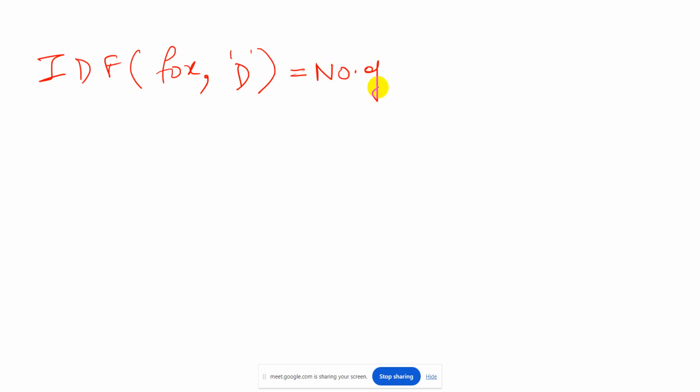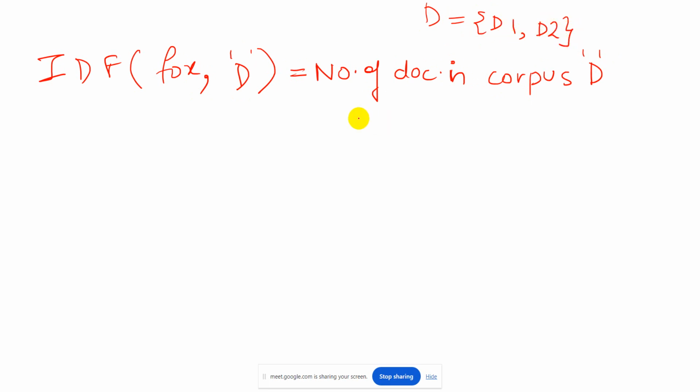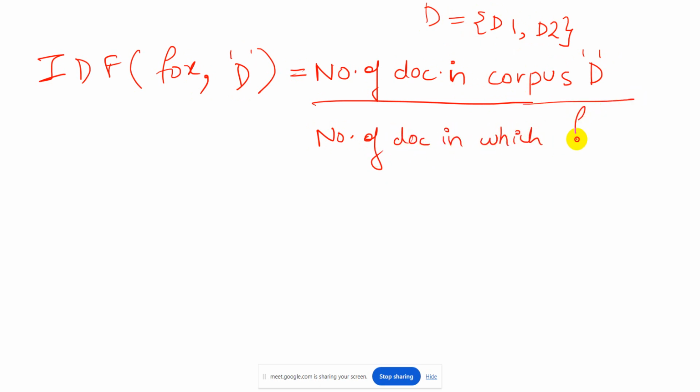Now let us calculate the IDF of the term fox over the entire corpus D. So that is the number of documents in the corpus D, where D is the collection of D1 and D2 here, upon the number of documents in which the term fox appears.